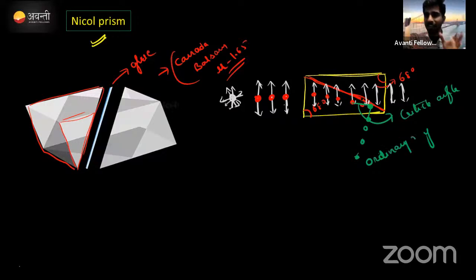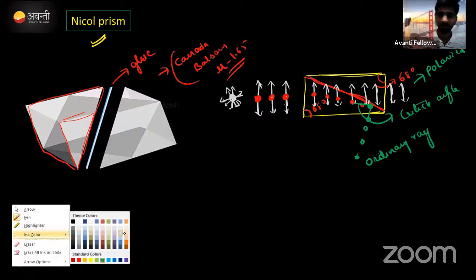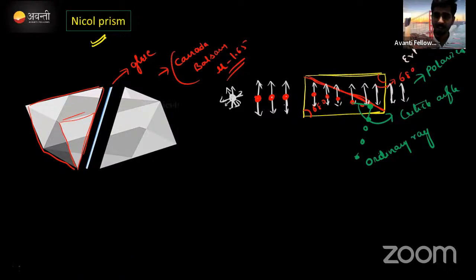Okay, and the rays coming without deviation, we call this polarized light, or else we can call this the extraordinary ray. Okay, this is also a device which can make unpolarized light into polarized light.